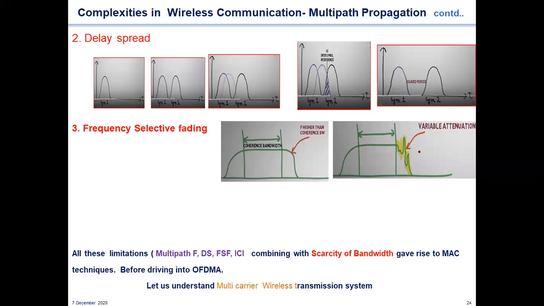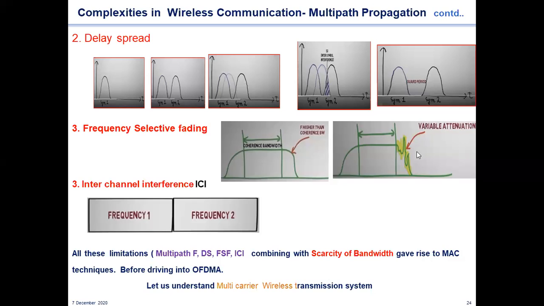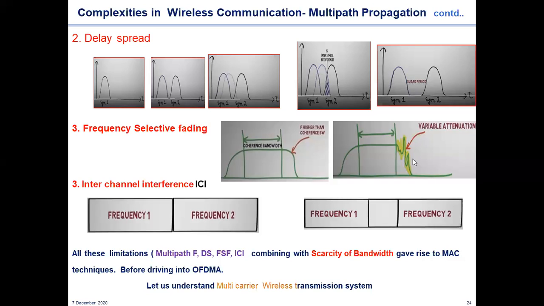In a multicarrier system, the symbol duration is very high and the bandwidth is very low. Remember, they are inverse terms. One more thing is interchannel interference; you can see the interference like this because of the delay. So all these limitations, multipath fading, delay spread, frequency selective fading, intercarrier interference, combined with selectivity of bandwidth, gave rise to multicarrier techniques before driving to OFDM.